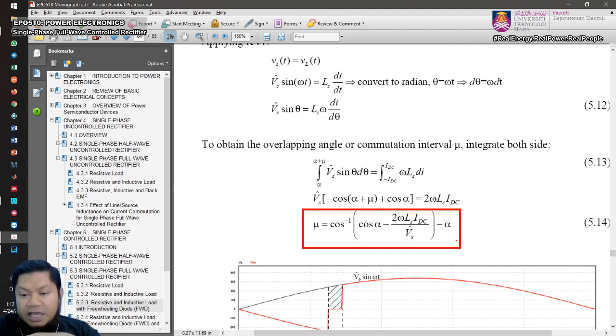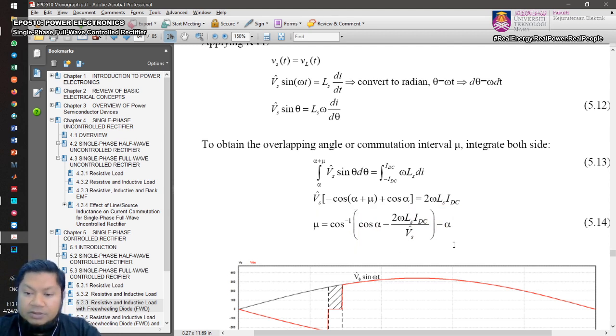minus alpha. And my advice is always treat this in radian. Everything should be in radian. So this needs to be converted into radian, right? And when you solve, the mode of your calculator should also be in radian, right?